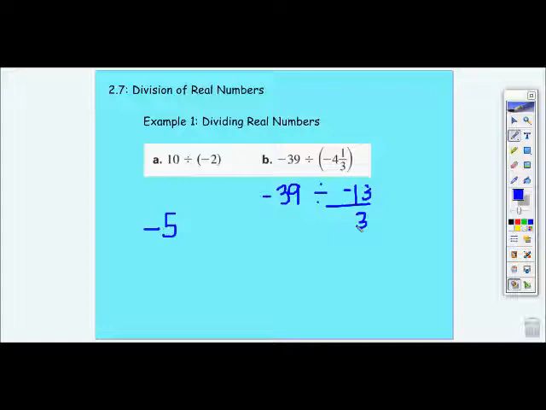Now, when I am dividing, it means I'm going to multiply by the reciprocal. So I'm going to do a -39, but I'm going to multiply it by the reciprocal so that it still stays as a negative, but I'm going to flip the numerator and denominator around.